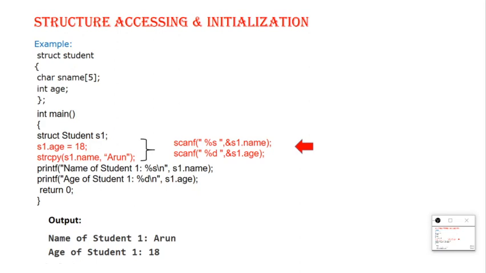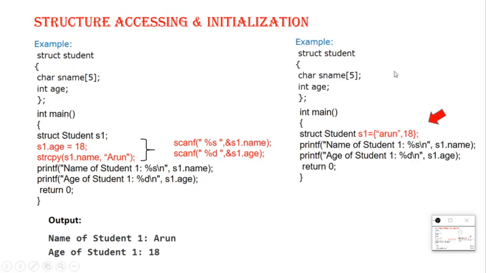So let us see. I will take another example. Here, this is a simple declaration, but we have to follow the order. You can see first I have declared student name, then I have declared age. So first I have taken Arun as student name, and 18 as age.